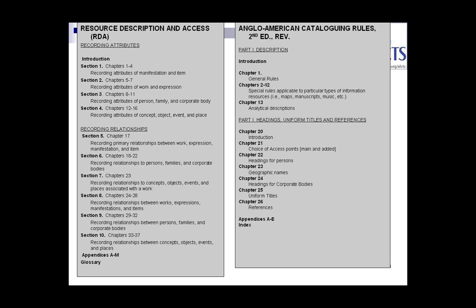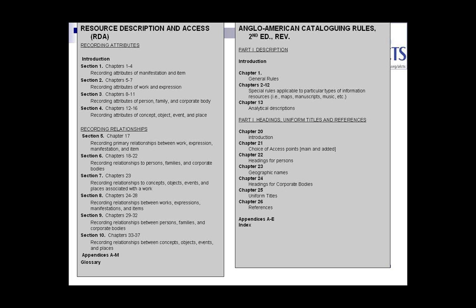So the main focus of the Anglo-American cataloging rules is basically the format of the particular work that you are cataloging. Now, I will be using some of the terms from the Functional Requirements for Bibliographic Records, or FRBR, but I won't be going into a review of those principles and entities.